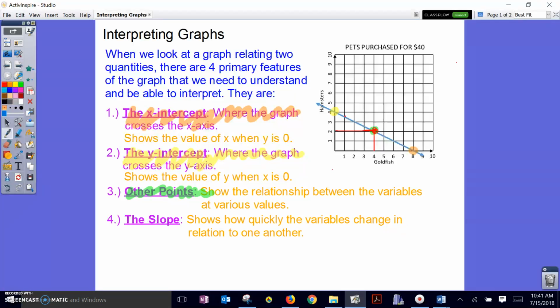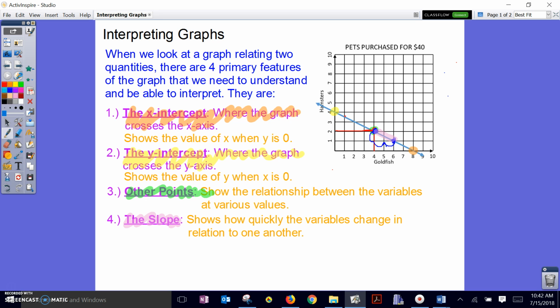Okay, and the fourth characteristic for interpretation is the slope. The slope shows how quickly the variables change in relation to one another, and we can interpret those as a type of change. So for instance, if I'm finding slope, I'm looking at 2 points, and so if I find the slope of this segment here, if we go down 1, we go over 2 to the right.